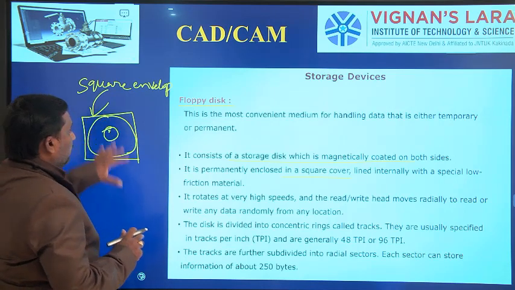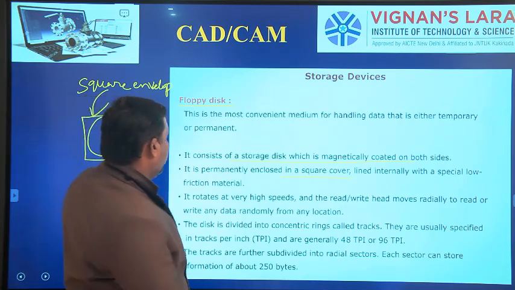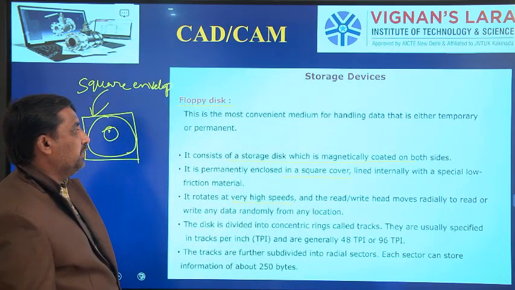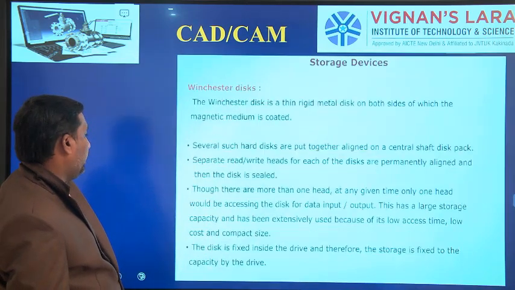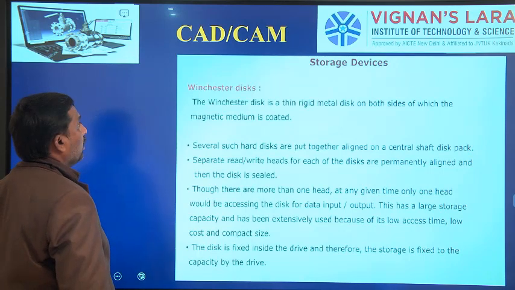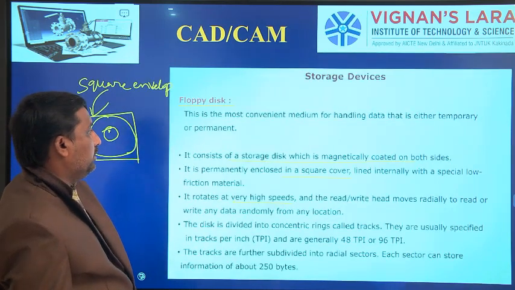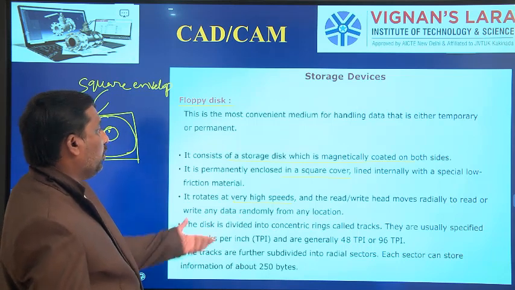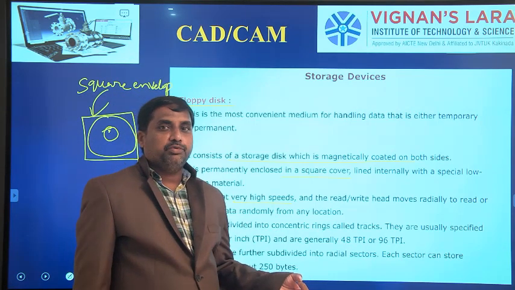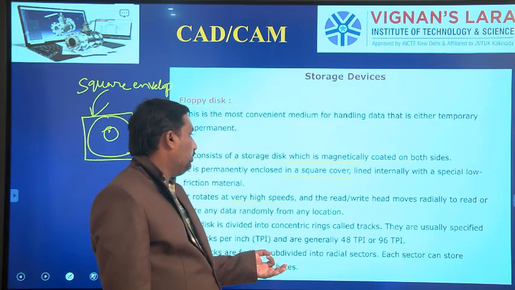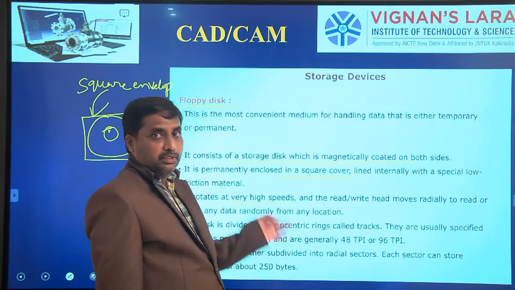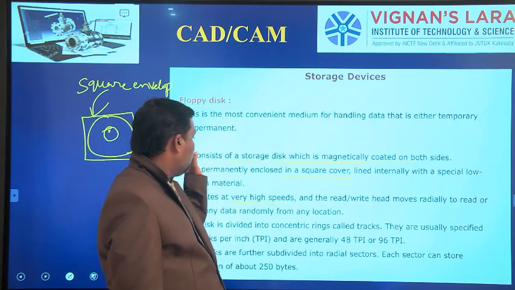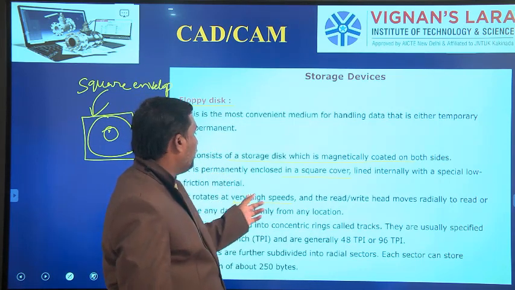It is rotated at a very high speed, and the read and write head moves radially to read or write any data randomly from any location. Suppose you want to read data from the storage: the disk will be rotated at a very high speed.